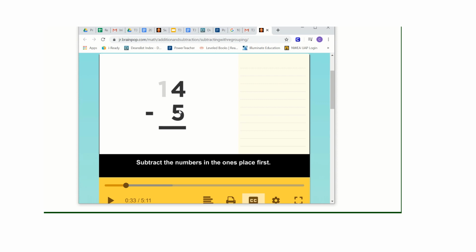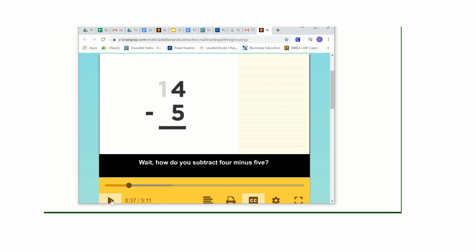Let's see what is the problem in this situation. So Annie is trying to subtract 4 minus 5. We know that we can't do that because we cannot take away 5 from 4. So that means Annie needs to think of a way to figure out how to do this.